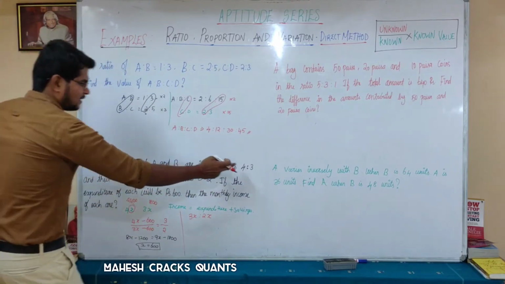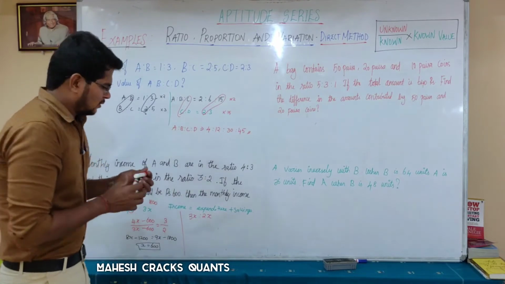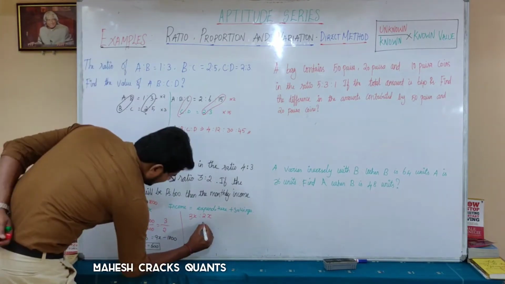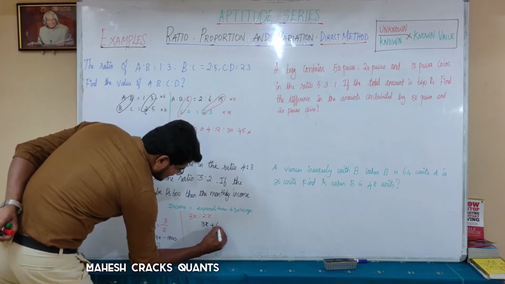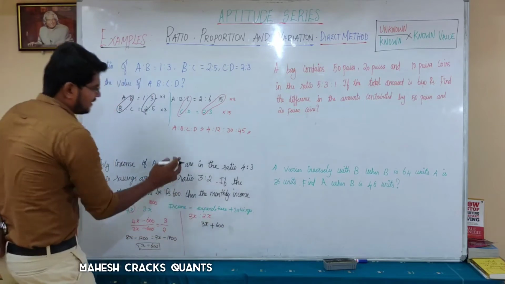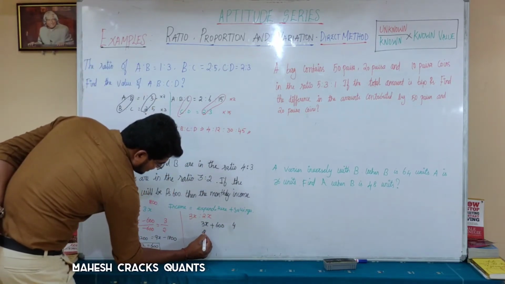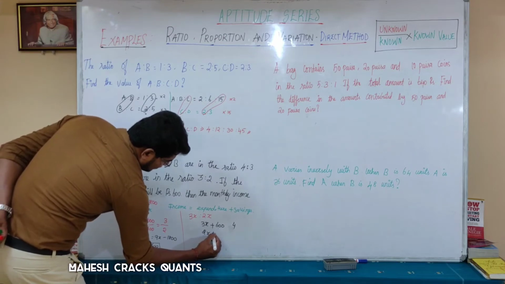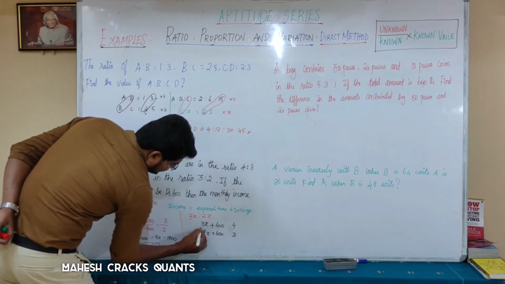If you want to find income, you have to take this ratio and then equate it with the other. So here 3x is the savings plus expenditure 600 is equal to income. What is the income of A? A is 4. Next, 2x is B's savings plus 600 of his expenditure will become 3.